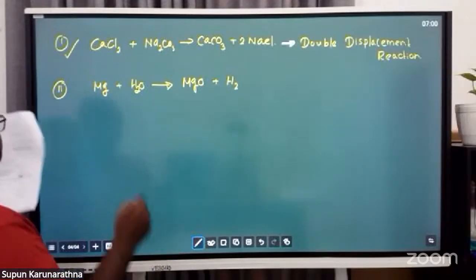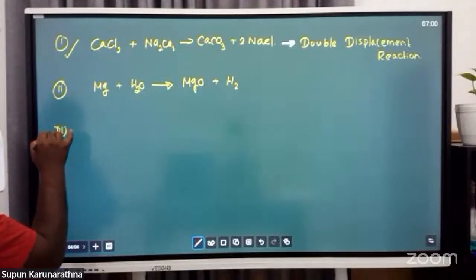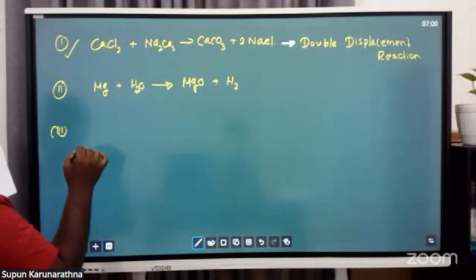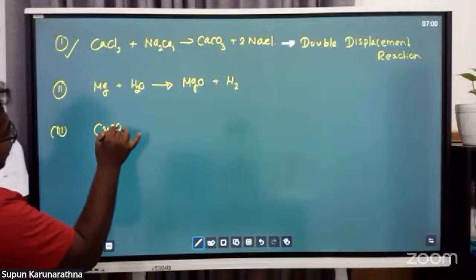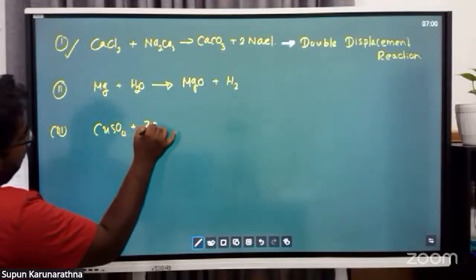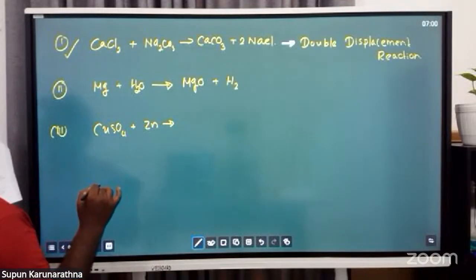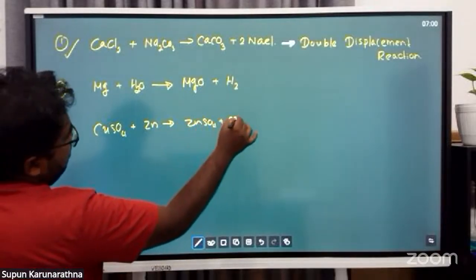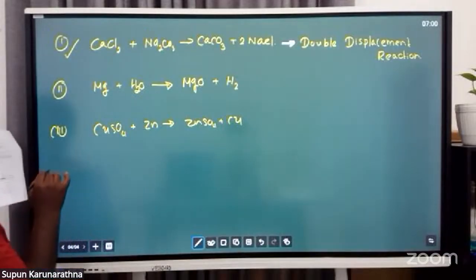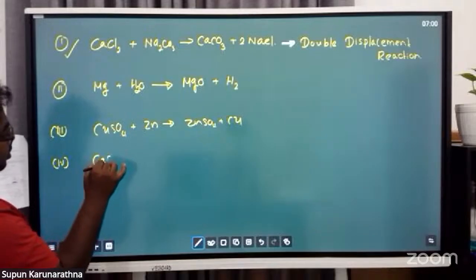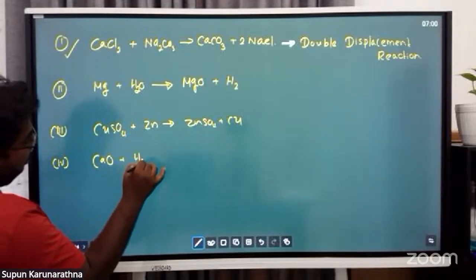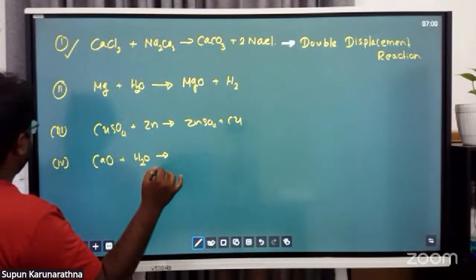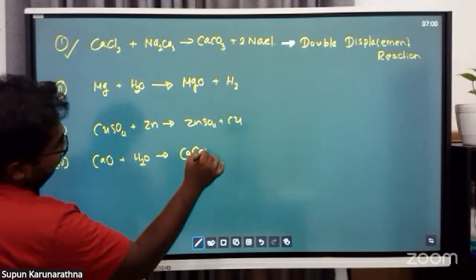Next example, put your answer into the chat box. Copper sulfate reacts with zinc, producing zinc sulfate and displacing copper. And the fourth one is given: calcium oxide reacts with water, producing calcium hydroxide.